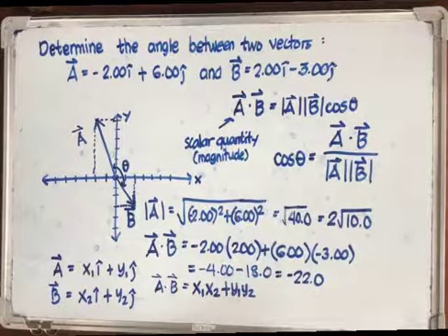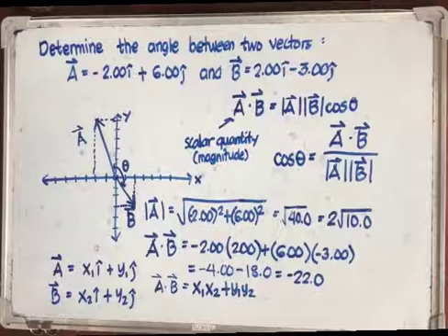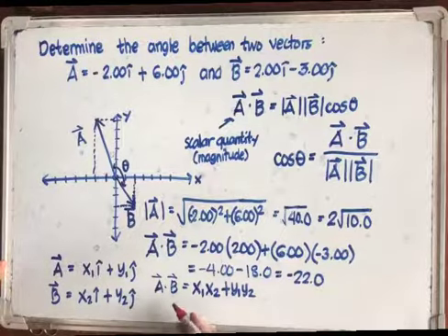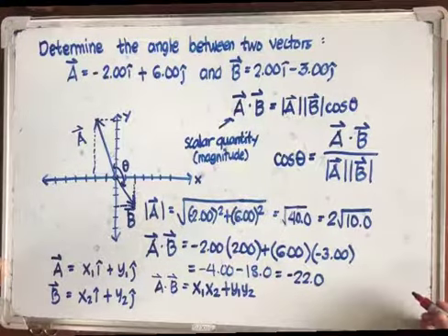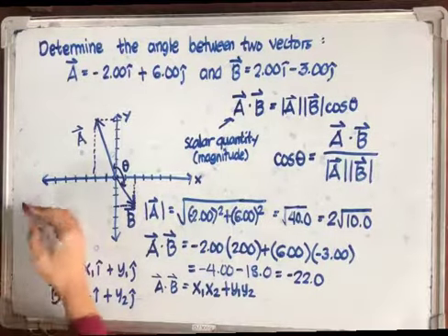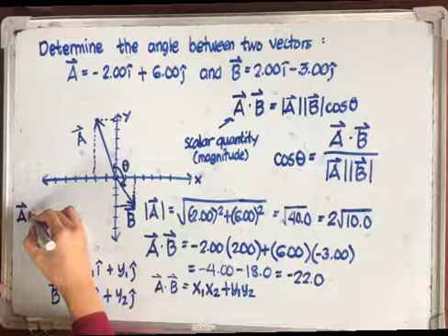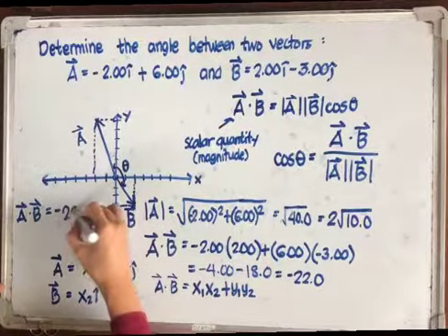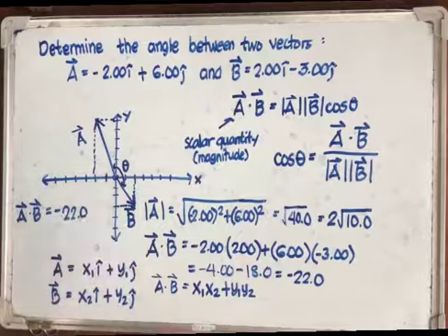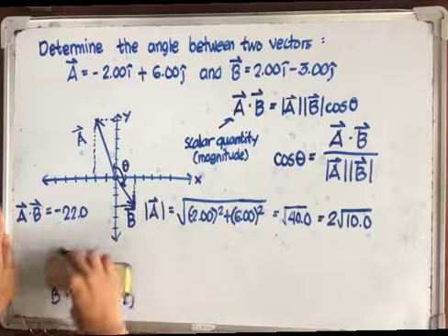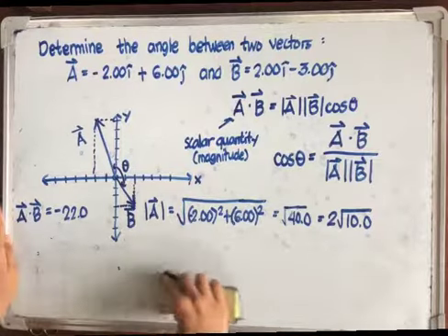Ganyan. Okay? Then we do the same for our magnitude of B. So, isulat ko na lang muna dito guys, para di natin makalimutan kasi mag-e-erase tayo ngayon. Lagay ko dito sa gilid na lang. A dot B from our computation, ito yun, lagay ko negative 22.0 siya. And let me erase this part. Ayan.